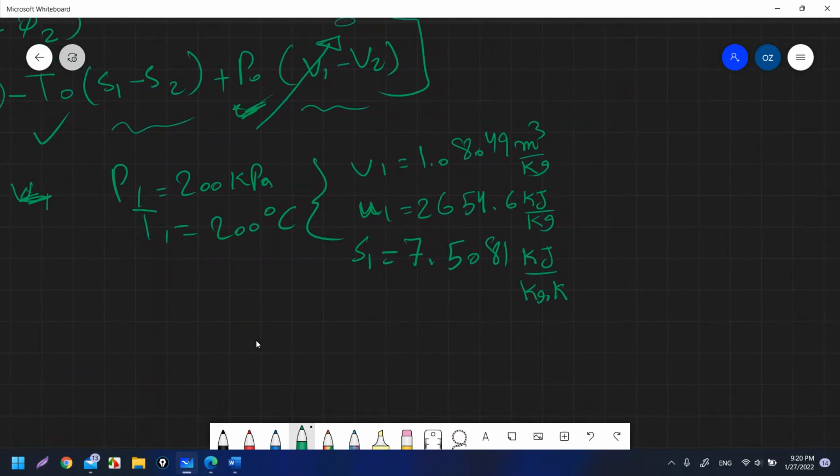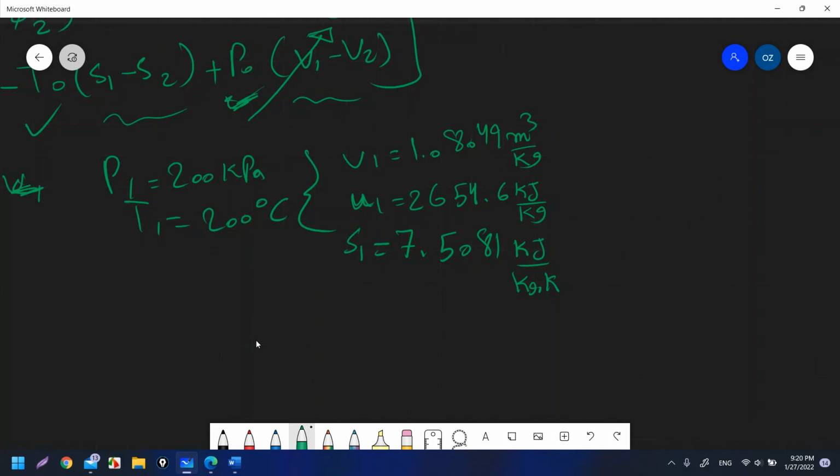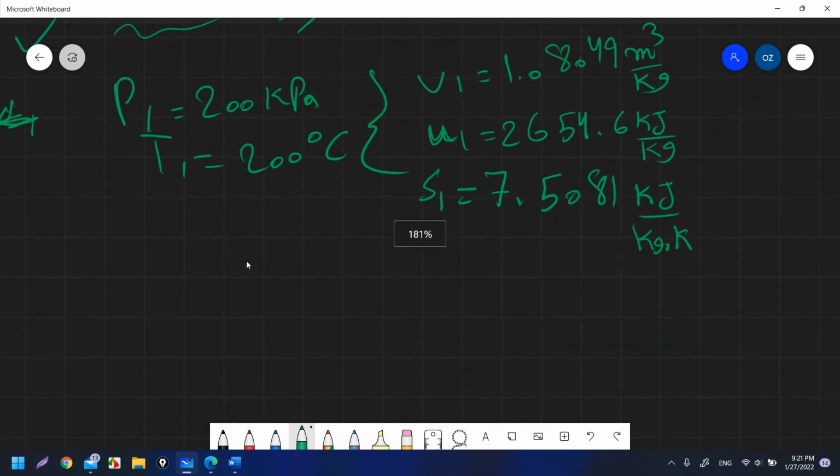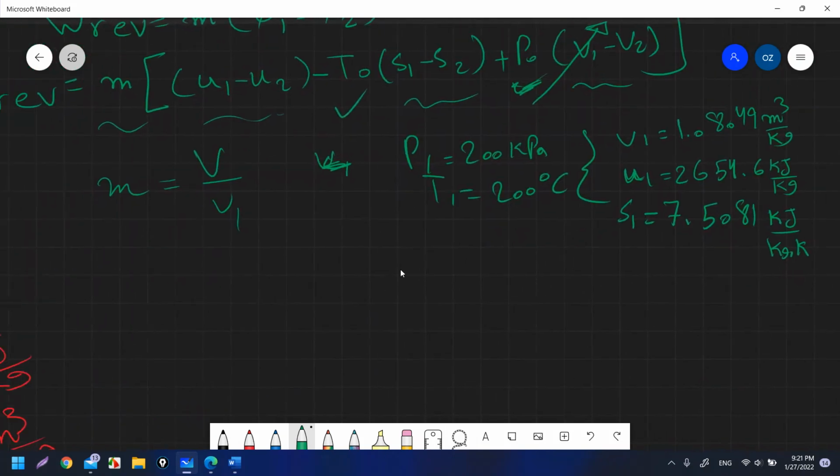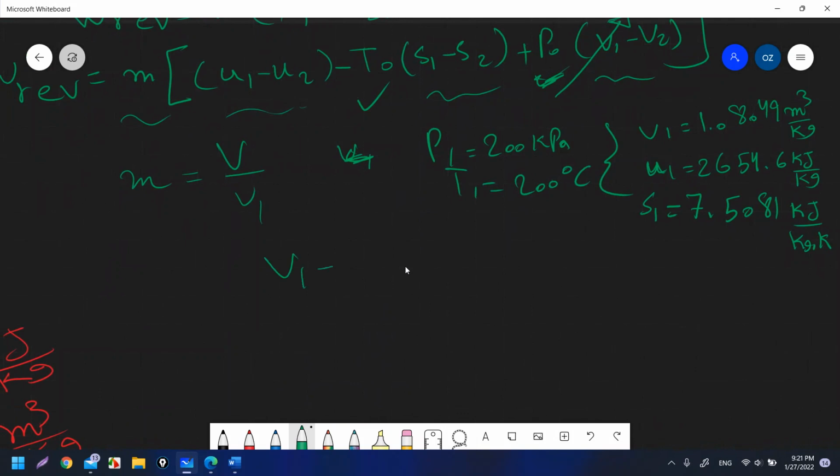Okay, for the second state, we know that V1 equal to V2. This is very important information in this question, because when you want to use any thermodynamic table, you have to be given two properties, so you can find other properties.